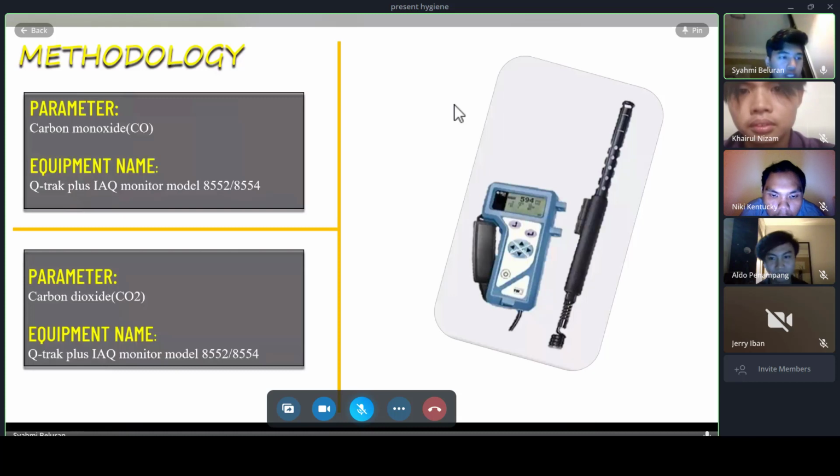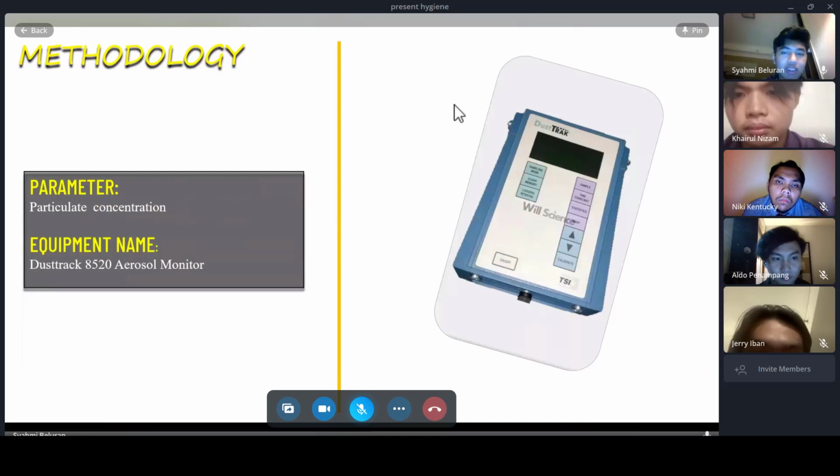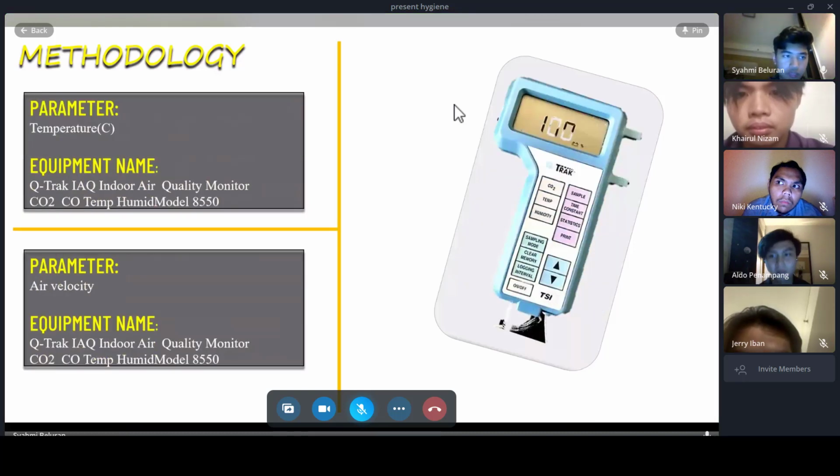Same as carbon dioxide, we use the Q-Track Plus IAQ monitor model 8552 or 8554. The third is particulate concentration. The equipment we use is the DustTrak 8520 aerosol monitor. The fourth is temperature.